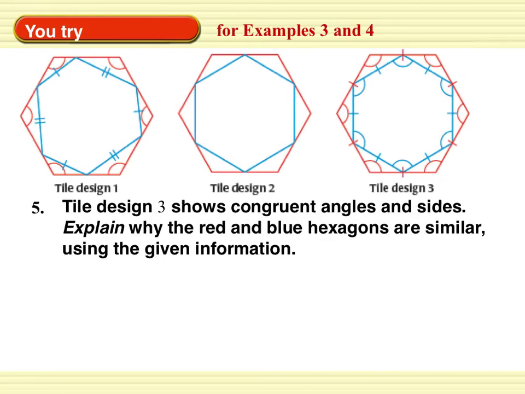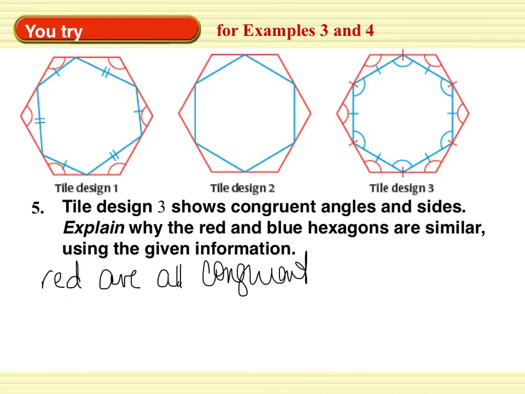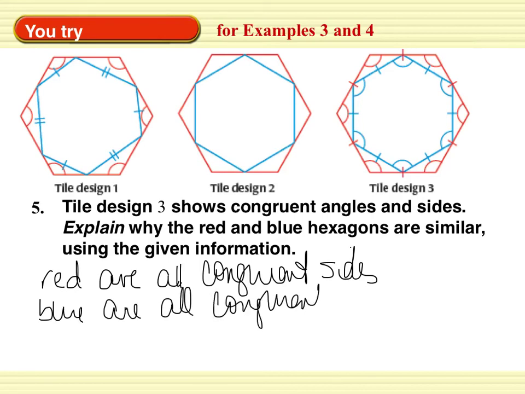Number 5. Tile design 3 shows congruent angles and sides. Explain why the red and the blue hexagons are similar using the given information. So the red are all congruent sides. The blue are all congruent sides. Okay, that means that if all the side lengths are congruent in each hexagon, the ratio of the corresponding sides is constant.